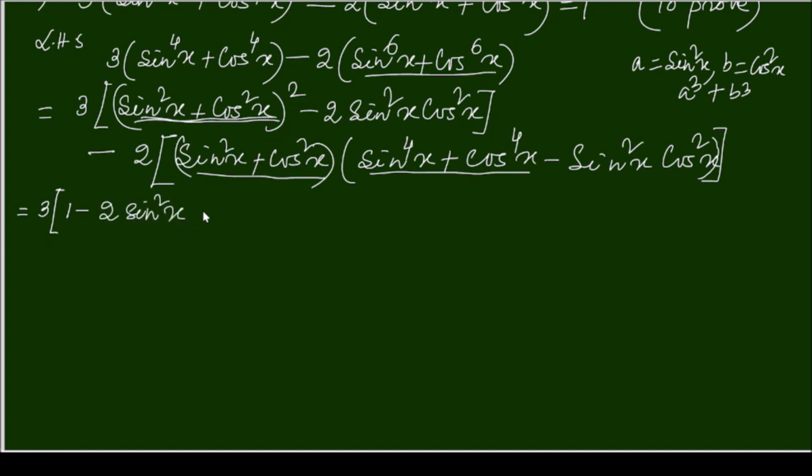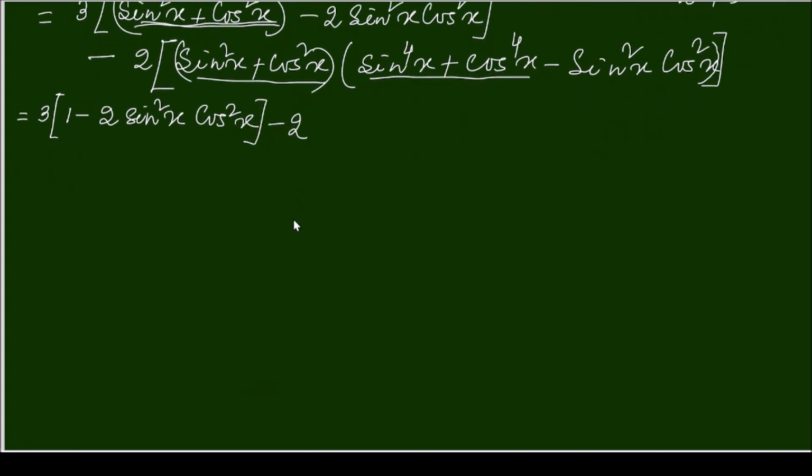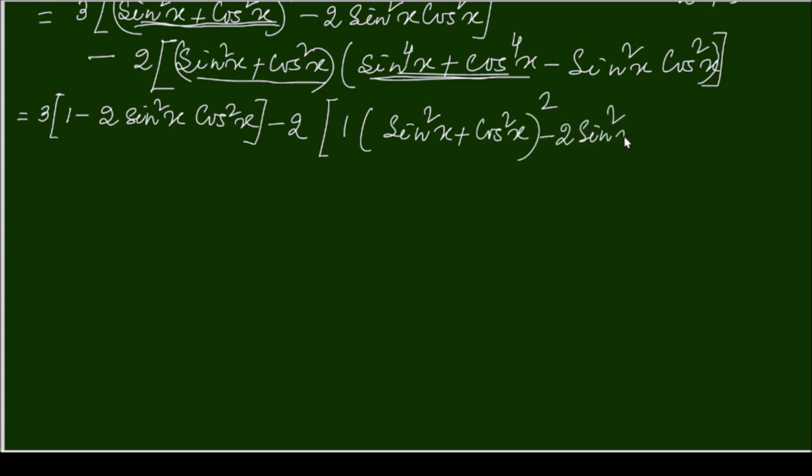This is the first term, and the second term will be minus 2 multiplied by this 1, into, now I will break this one as sin square x plus cos square x whole square minus twice sin square x into cos square x. Previously there was another sin square x cos square x.